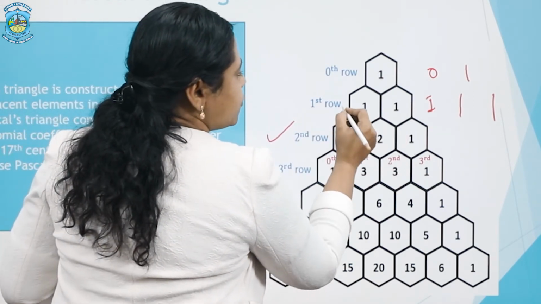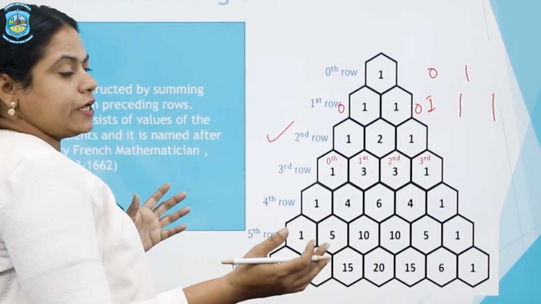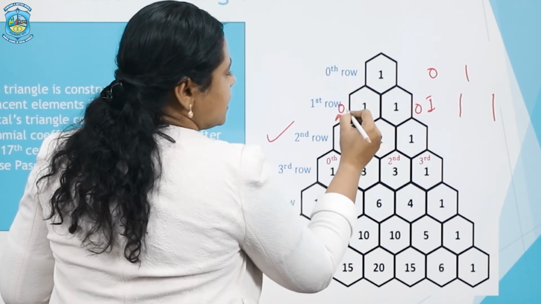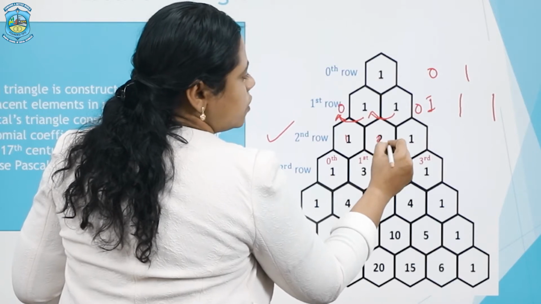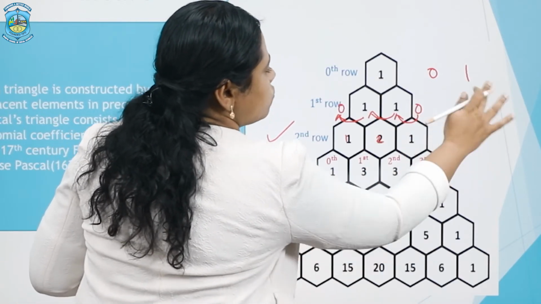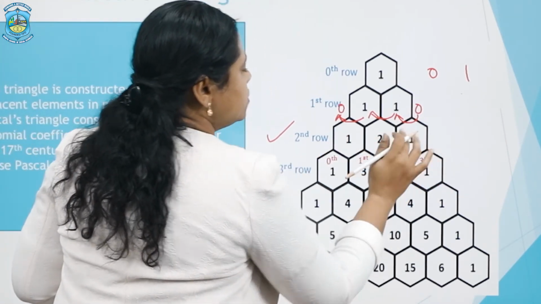You have to add towards left. I am putting 0 and 0 here because there are no numbers. So when you add towards left, 1 plus 0 is 1, then 1 plus 1 is 2. Then 0 and 1, you will get 1 here. So thus it makes 1, 2, 1.